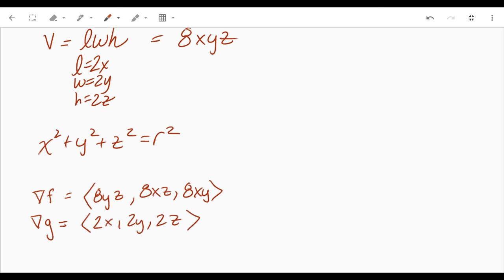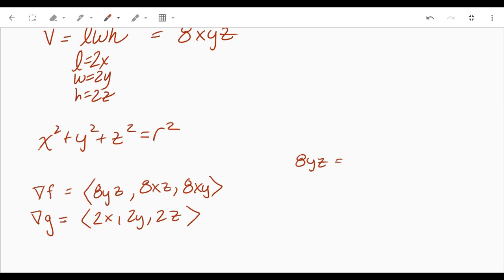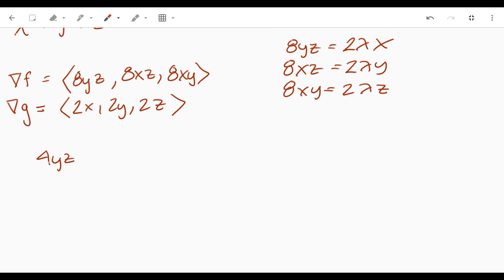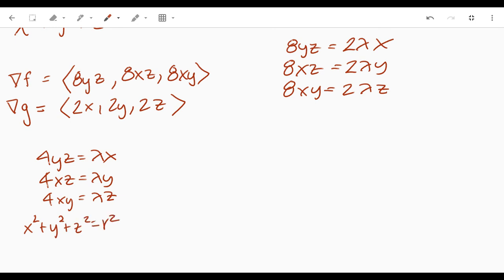So we've got our equations. 8yz equals 2 lambda x, 8xz equals 2 lambda y, and 8xy equals 2 lambda z. So we can scale them down. And we're going to have 4yz equals lambda x, 4xz equals lambda y, and 4xy equals lambda z. And then we also again have x squared plus y squared plus z squared equals r squared.